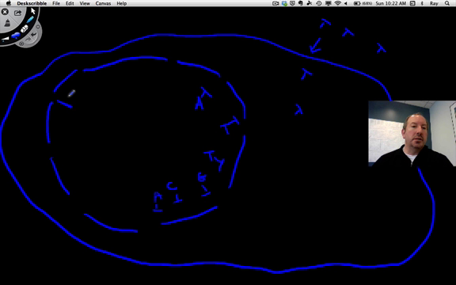Here's the DNA. One of the dilemmas is that it's in a helix, but the enzyme, if you remember, DNA helicase, opens it up into the bubble. Then the bases are sticking out like this.